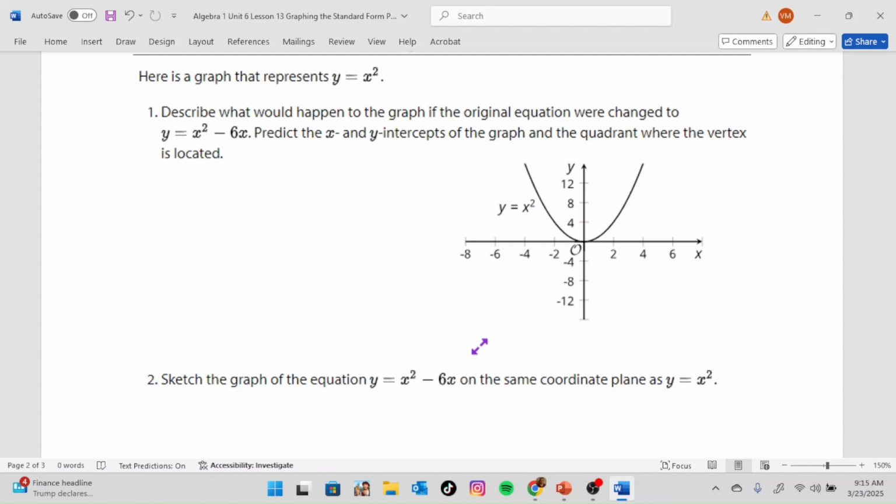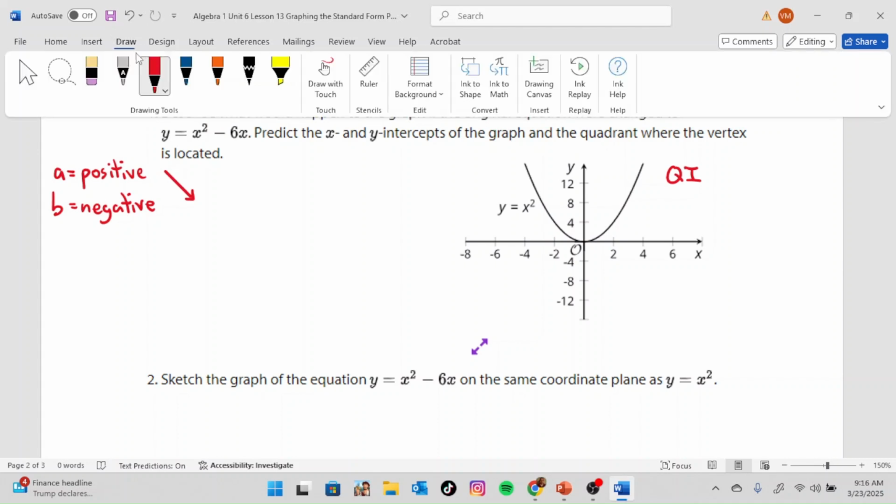So, the first thing I notice is that A is positive and B is negative. When I see this, I expect a shift down and to the right. So remember that we start in the upper right, and we call this quadrant 1.